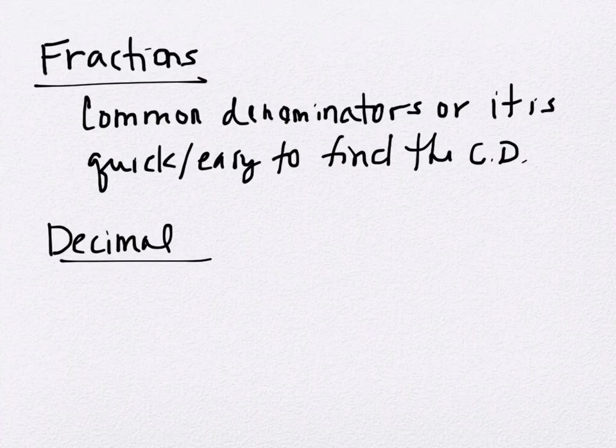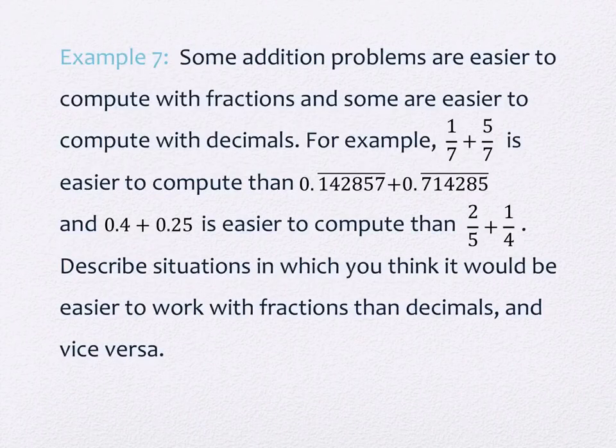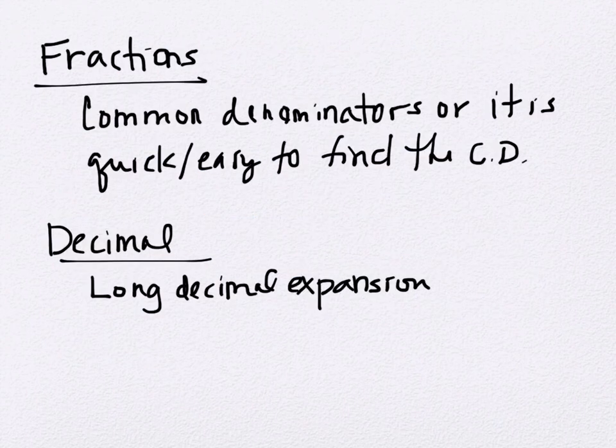So if we're talking about something that is a long decimal expansion, that's one possibility. But more problematic is actually the fact that the first set is not especially friendly or easy to work with because it's got that repeating bar on the top of it. So if decimals are terminating, they're easier to work with. So this is one possibility down here as well.